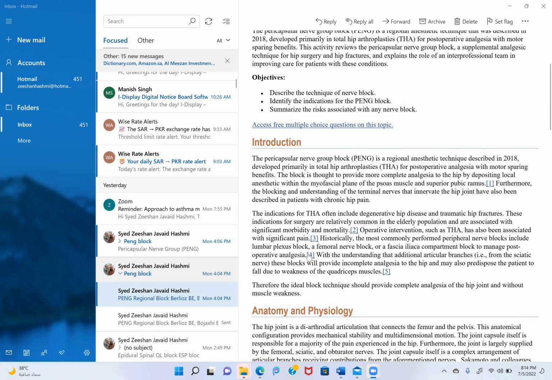The pericapsular nerve group block was described in 2018. They can ask you this question: even in the emergency, what block can you give to relieve the pain? You can give this block for positioning of the patient for spinal epidural.